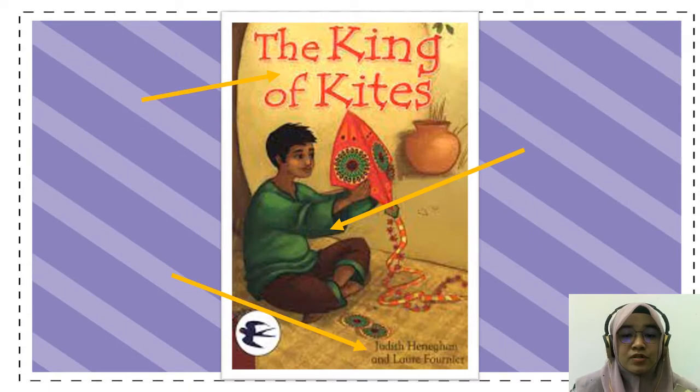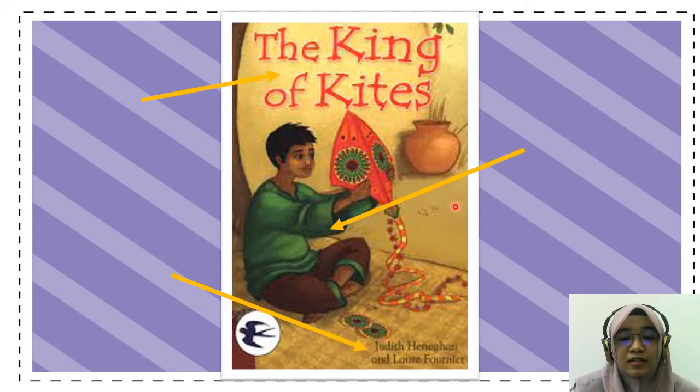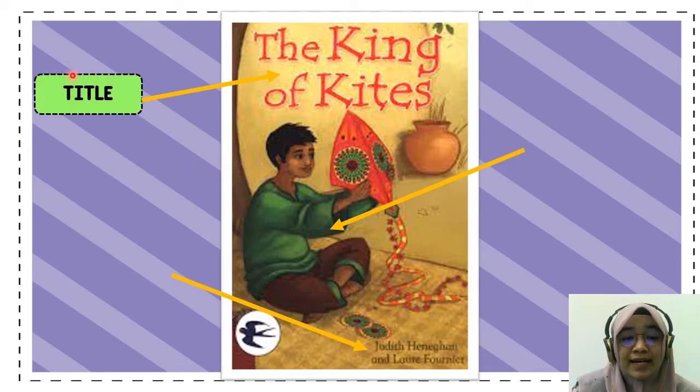Before we proceed, let's take a look at our book here. As you can see, there are a few arrows that I show here, so let's see one by one. The first one, title.